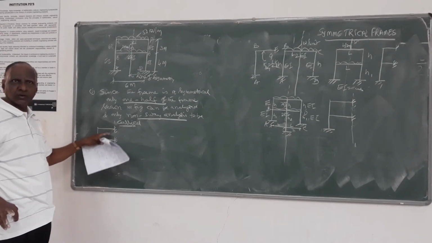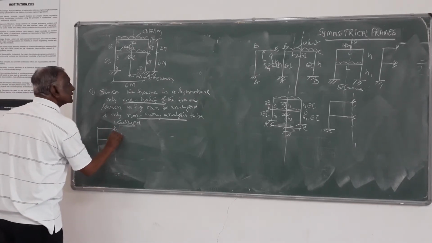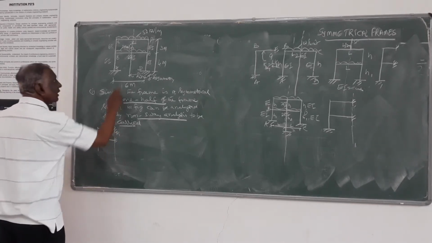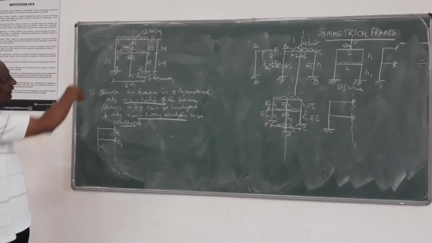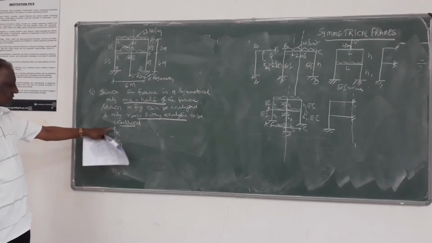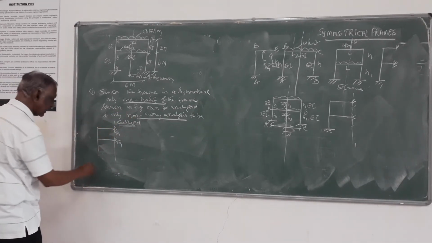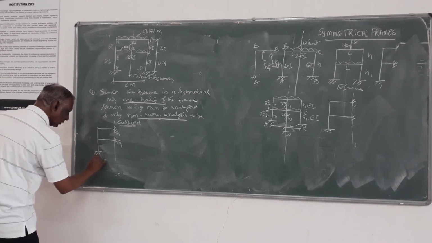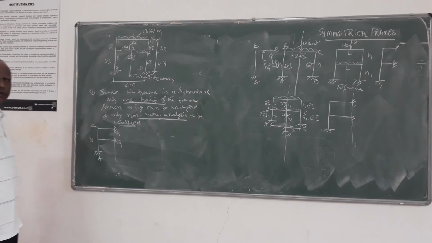That also you have to observe. And this is the dummy point. This is C, F1 I will call. This I will call E1. They are not the regular joints of the frame. They are only lying on the symmetric line, so we need not consider them in the analysis. Only point A, point B, C you can consider for the analysis.